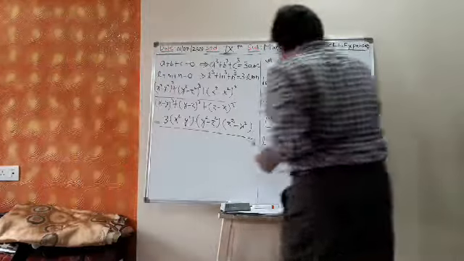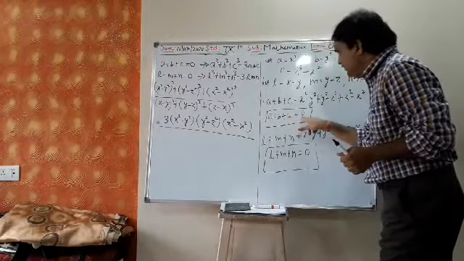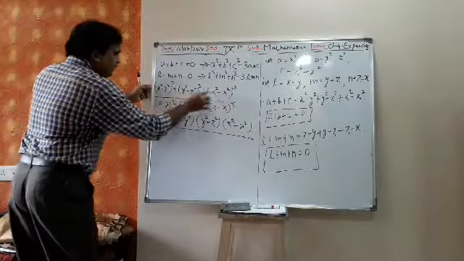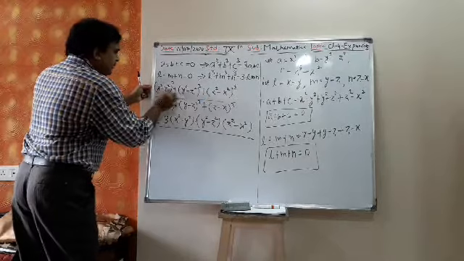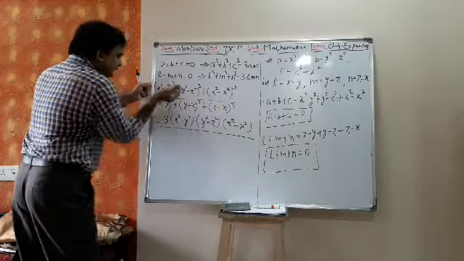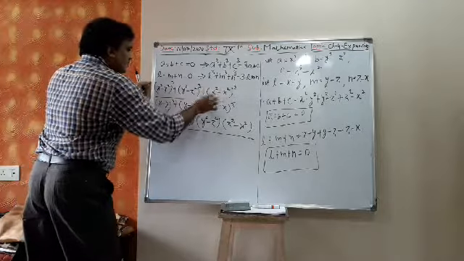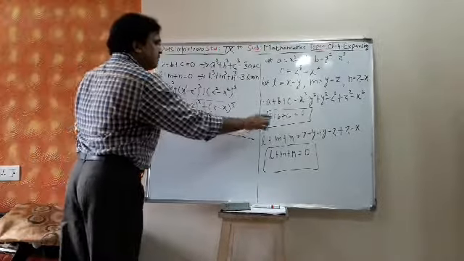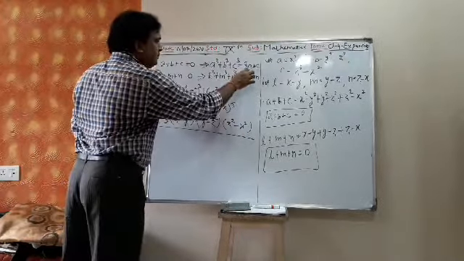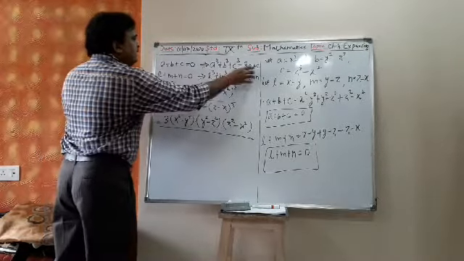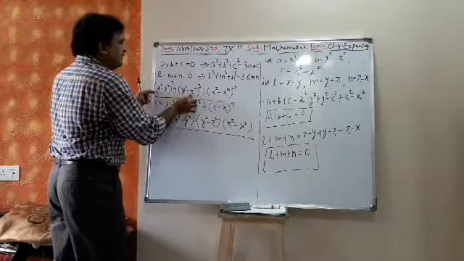Okay, see here. A plus B plus C is 0, no? This bracket plus this bracket plus this bracket is 0. A plus B plus C is 0. Then A cube plus B cube plus C cube is 3ABC. In place of A, I will write the bracket value x square minus y square. In place of B, I will write the bracket value y square minus z square.